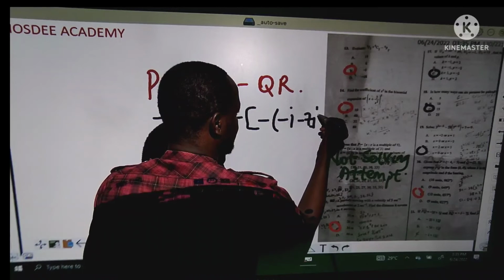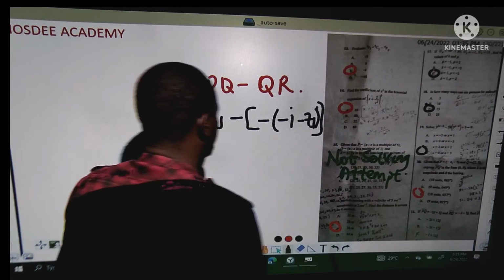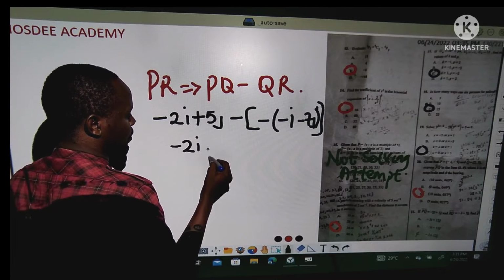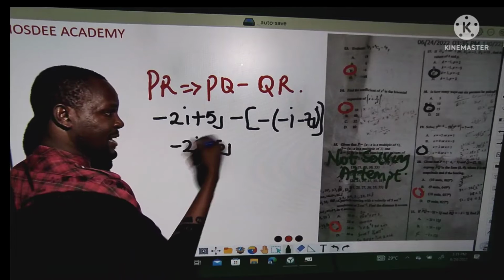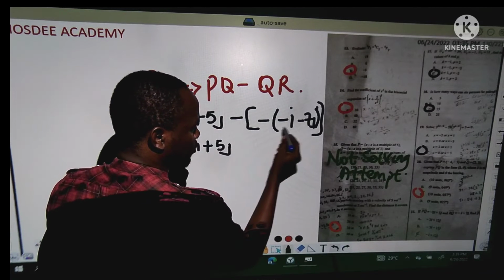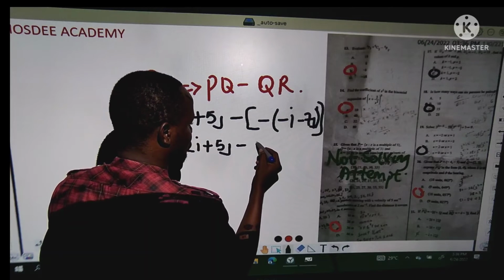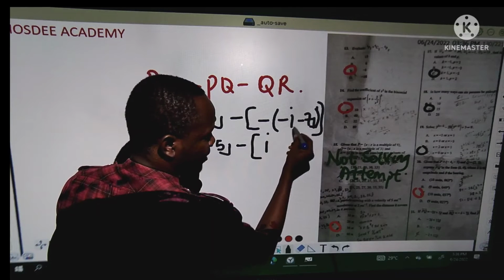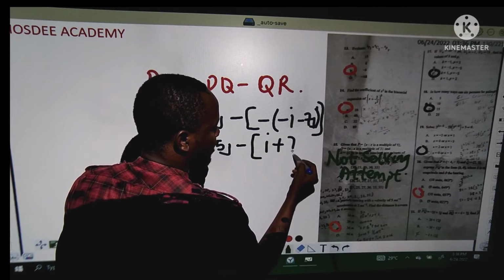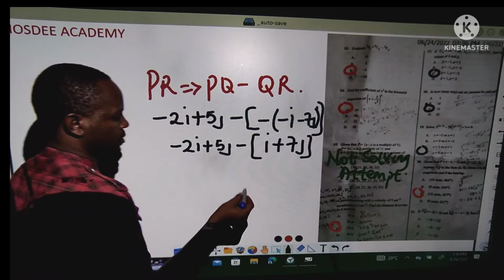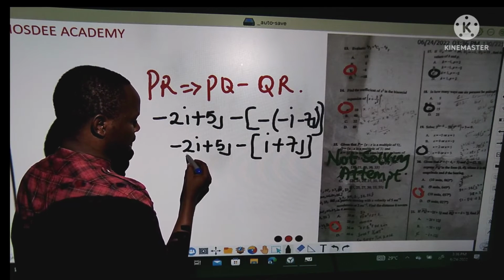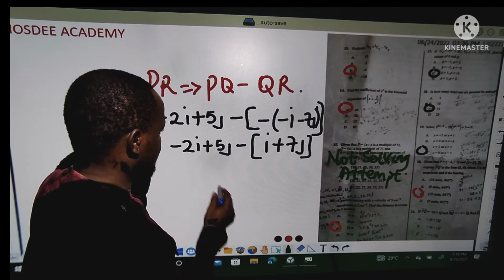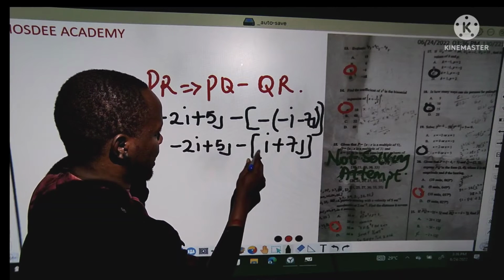That is the only stuff I think you just need to keep in mind there. On simplification, minus 2i cap plus 5j cap, the way we pronounce it, just say ij vector. Now do the one in bracket before you subtract. This is i cap, minus times minus plus 7j cap. On simplification, minus 2 minus 1.